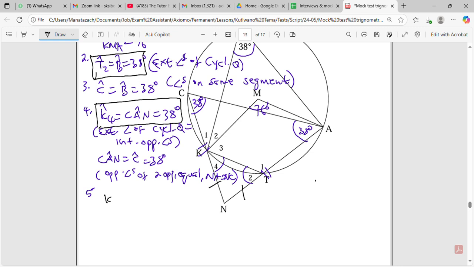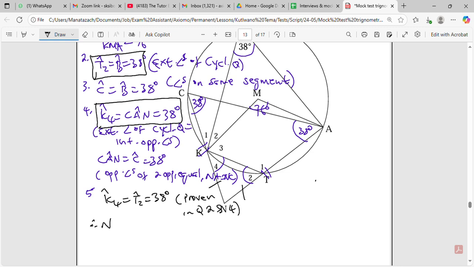So we can just conclude this here to say, since angle K4 and T2 are both equal to 38 degrees, right? This we've already proven in question 2 and question 4. Therefore, we can conclude using the converse of opposite angles of two opposite equal sides are equal.